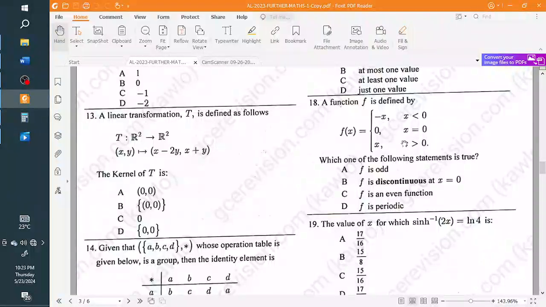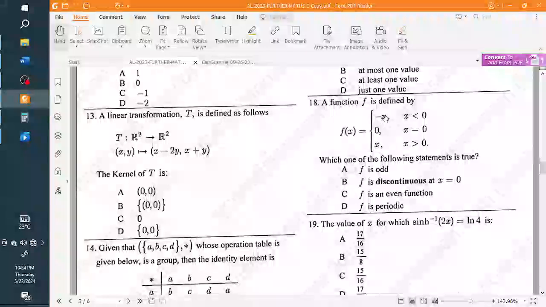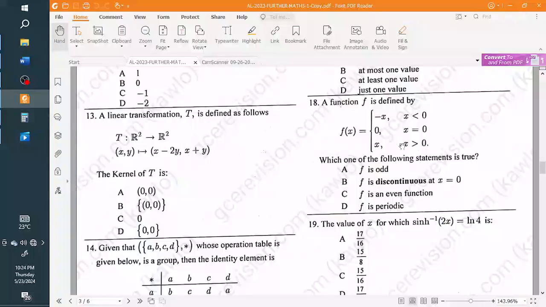What about the limit at 0 from above? The limit at 0 from above is also 0, because when you are tending to 0 from above, you are a positive value, so we are involved with this x. So the limit as x tends to 0 from below is 0, and the same story applies to 0 from above. So the two limits are the same, therefore the limit at 0 is equal to 0.